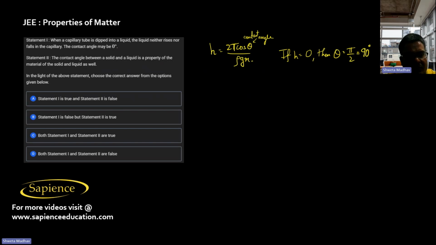So statement 2 is true, and so statement 1 is false, since here the contact angle has to be 90 degrees, then only the capillary rise will be 0. So statement 1 is false, but statement 2 is true. So option B is the correct answer.